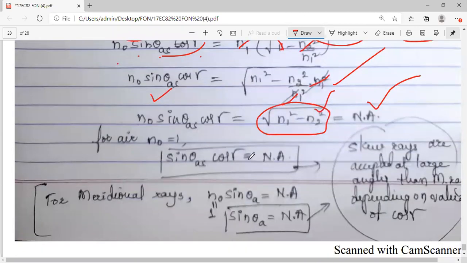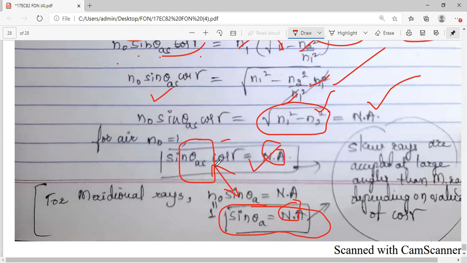So this is your equation for numerical aperture with the acceptance angle theta for skew rays. For meridional rays, we have got this. Try to compare what the difference is. The RHS is the same, and on the LHS only the cos gamma term is extra. So the sine term is the same for both.